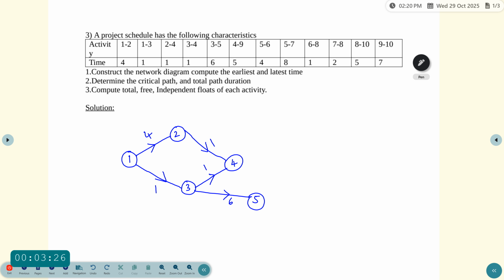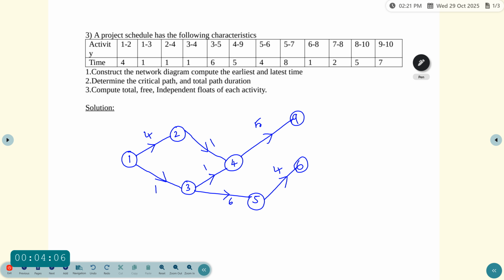Now the next activity is 4 to 9. 4 is already there, and the other event is 9. So 4 to 9 has duration 5. Now the next activity is 5 to 6: 5 is there, connected with another event which is 6, and the duration is 4.